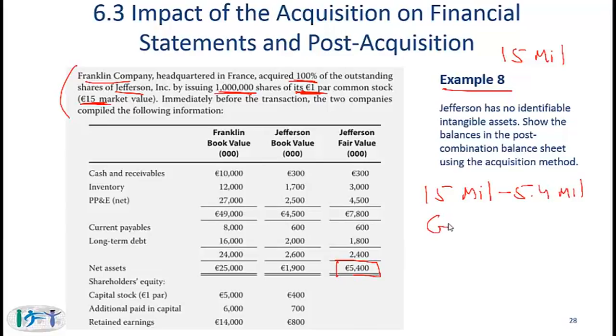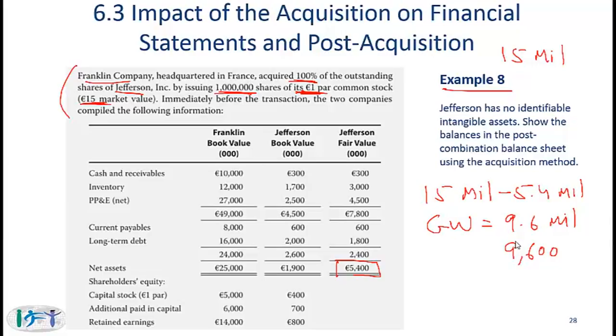So the goodwill amount is equal to 9.6 million. If we work in thousands, the way the information here is presented, the goodwill is 9,600.